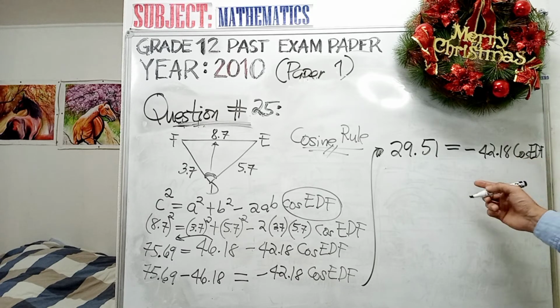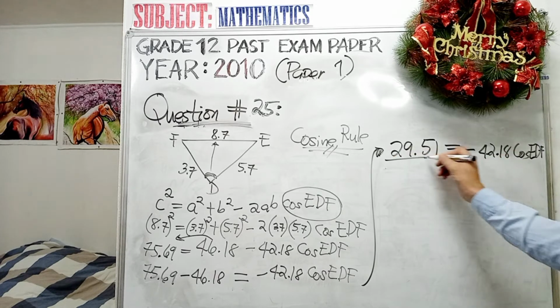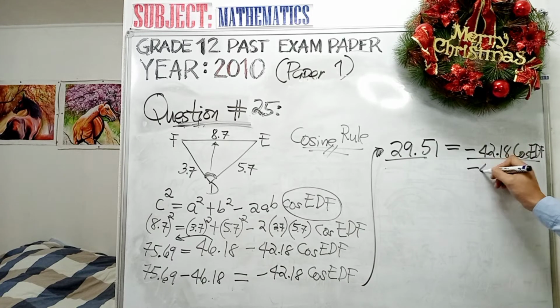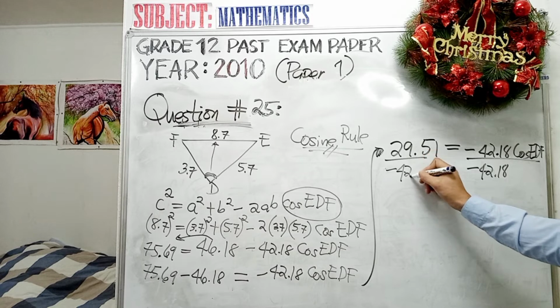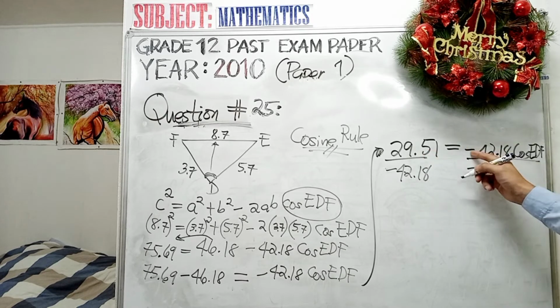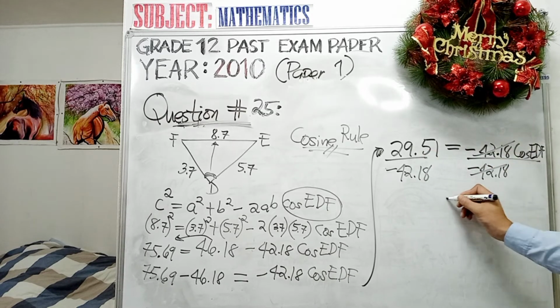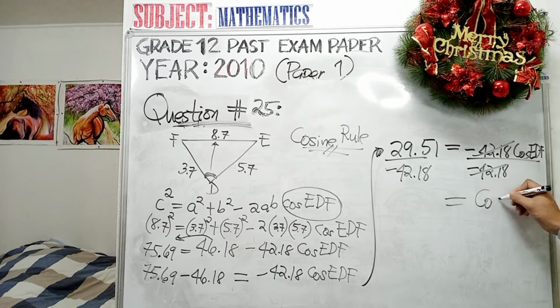To find our cosine EDF, you divide both sides by negative 42.18. You cancel that one because now you are left with cosine EDF.